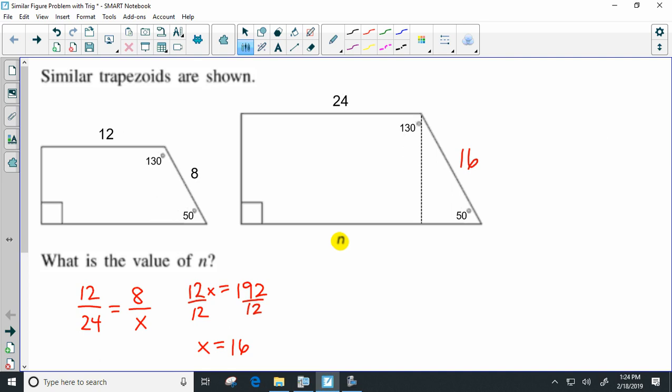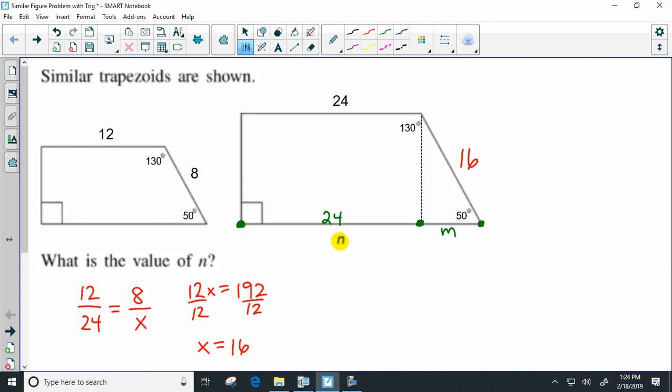Now, this 90 degrees means I have a rectangle over here that has a side that is 24 on the bottom, going from this left corner to where I dropped that 90 degrees down. And now I need to find this little distance over here. I'll call it m.